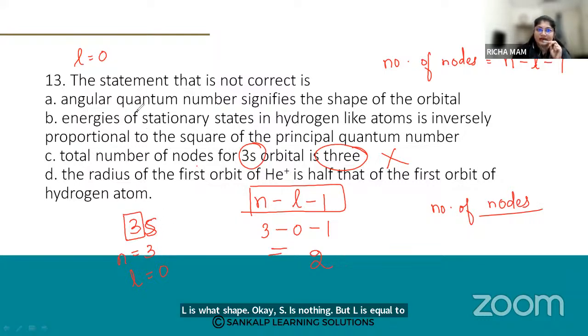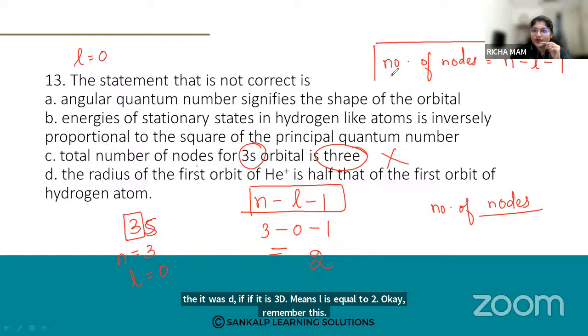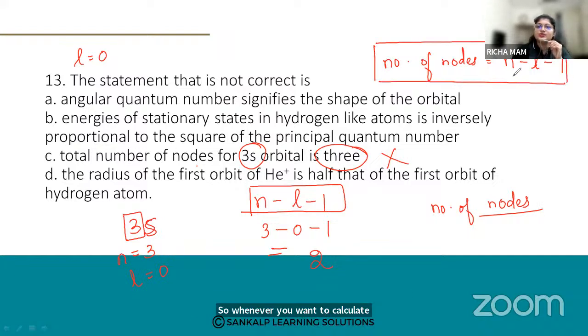If it was p, then the L value will be 1. If it is 3d, d means L equals 2. So what is given here? Total number of nodes for the 3s orbital is 3, but the correct answer is 2. So option C is the incorrect statement.